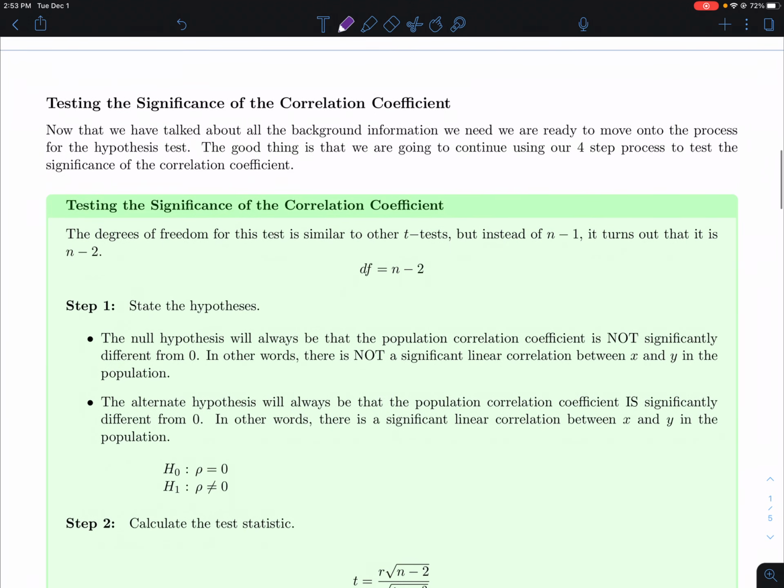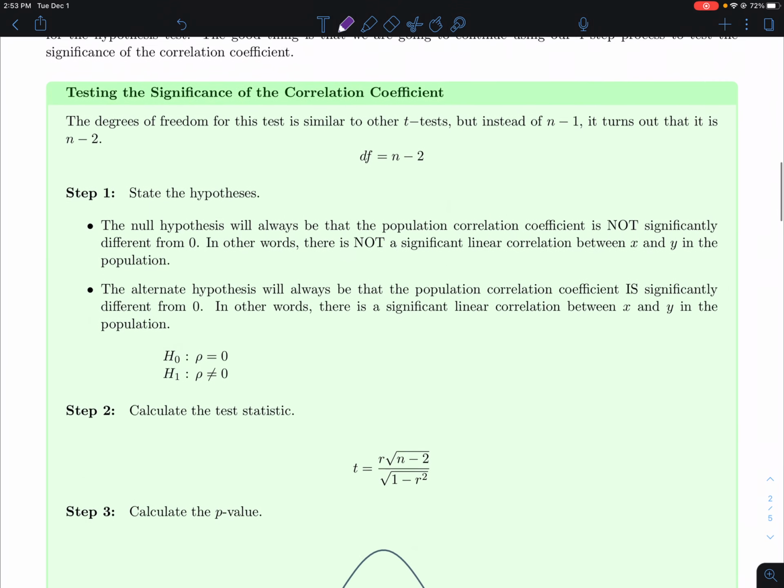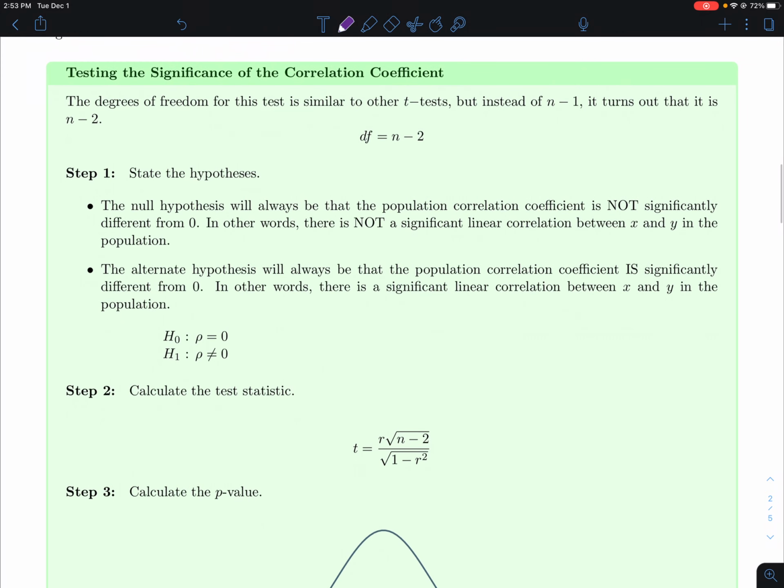Finally, here's a little summary like we've been doing for all the other hypothesis tests. Degrees of freedom are N minus 2 because of the two variables. Step 1 is always to state the hypotheses, and this is always going to be exactly the same. The null hypothesis will always be that the population correlation coefficient is not significantly different from 0, or in other words, there's not a significant linear correlation between X and Y in the population.